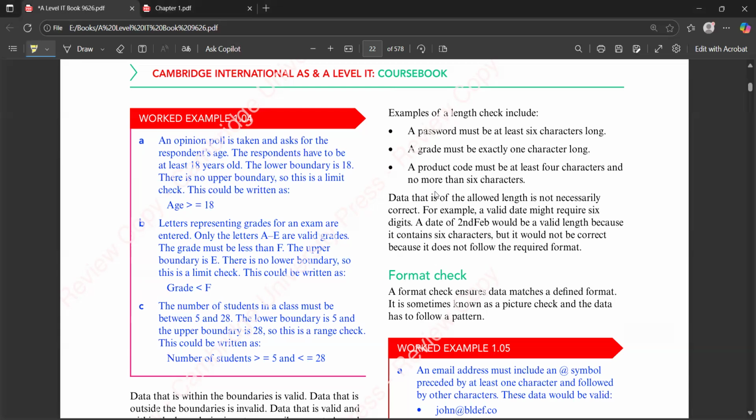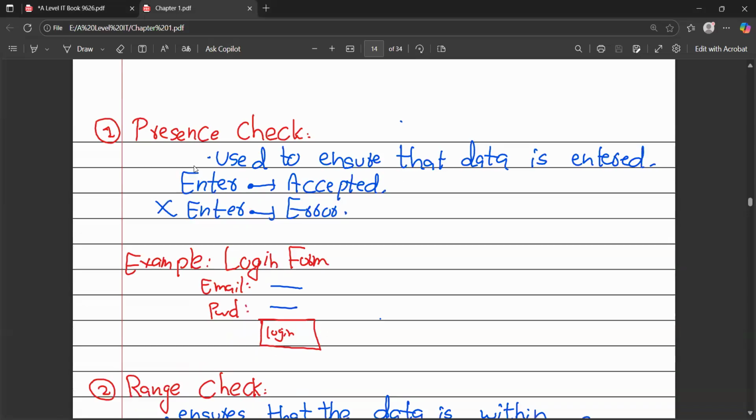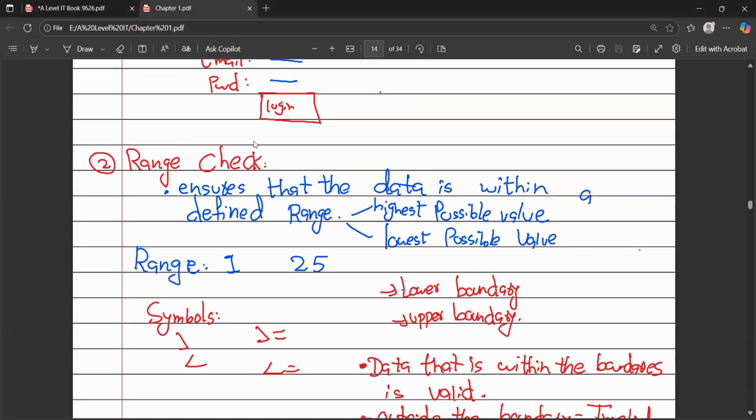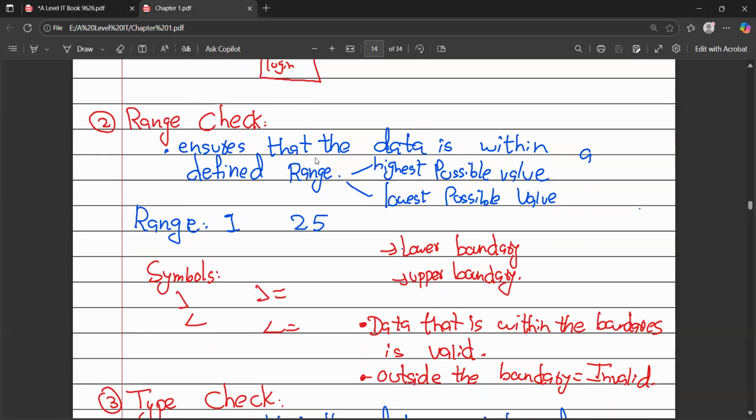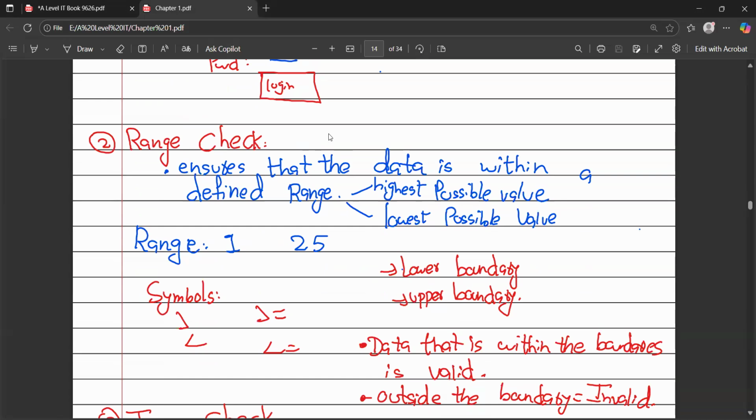Listen, the first example says that an opinion poll is taken and asked for the respondent's age. The respondent has to be at least 18 years old. Now you need to focus on one thing: when you are working with a range check, it ensures that data is within a certain defined range.